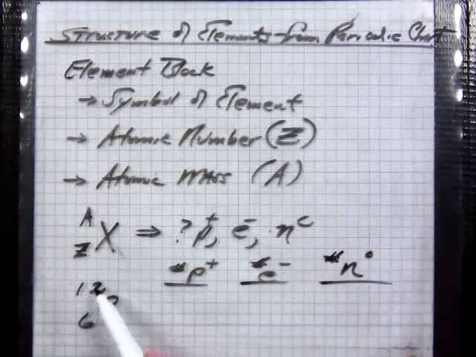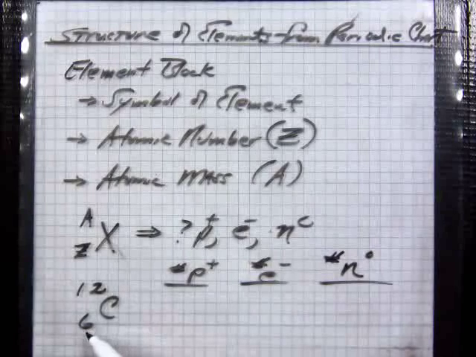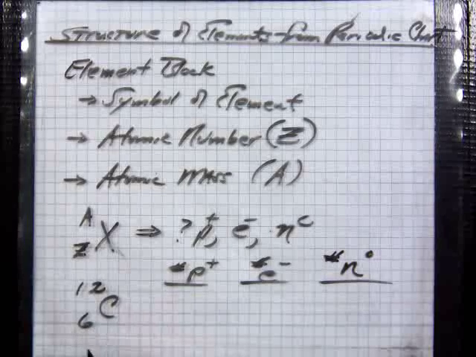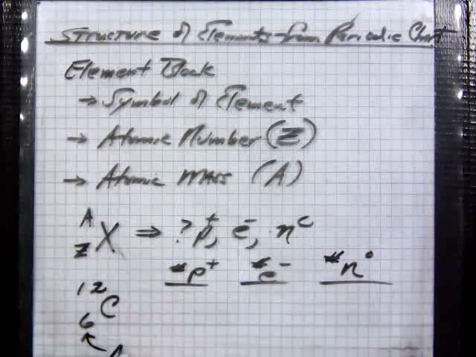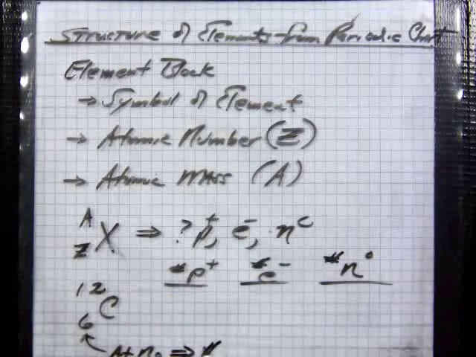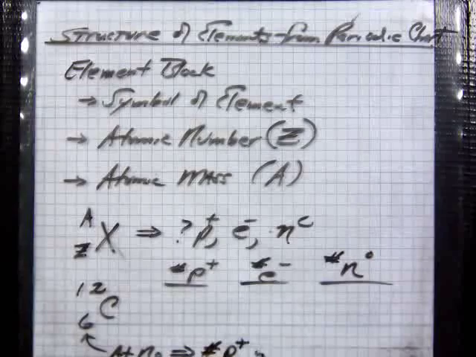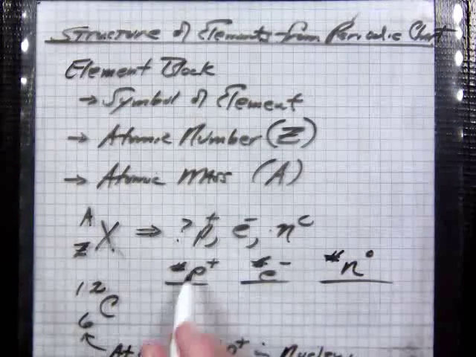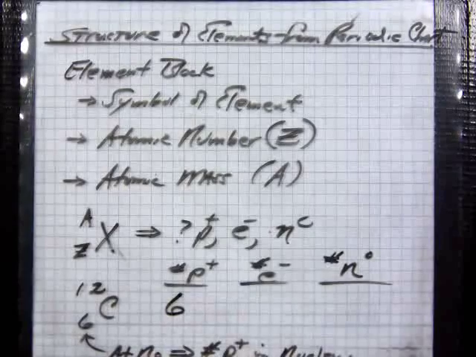Notice how we have a big number over a little number in this symbology. That's important later. The 6 down here is the atomic number, and that is always the number of protons in the nucleus. So the number of protons is 6.